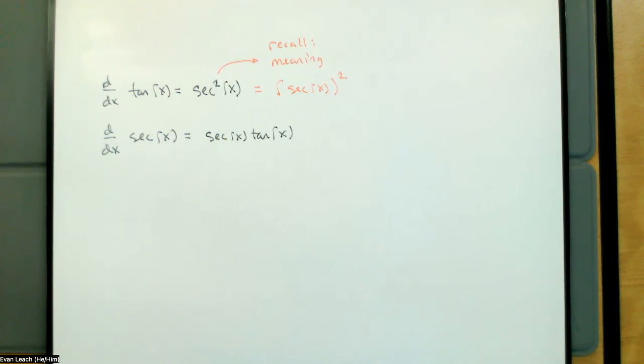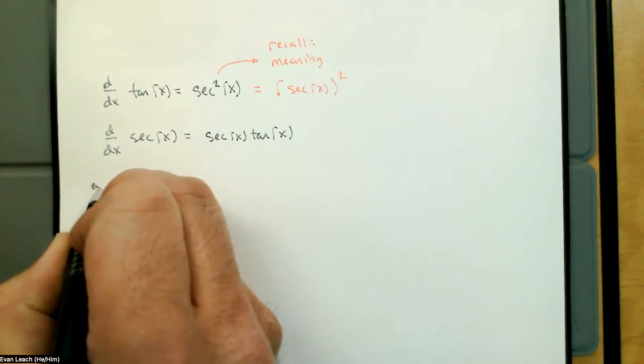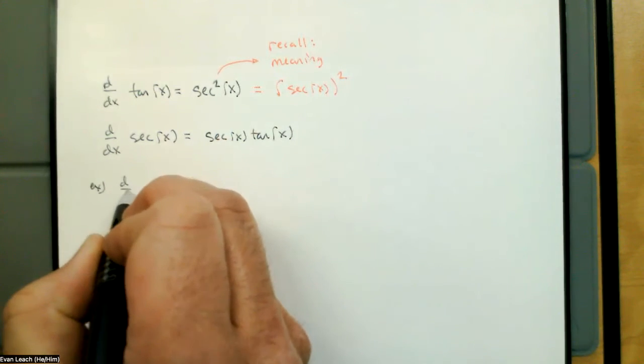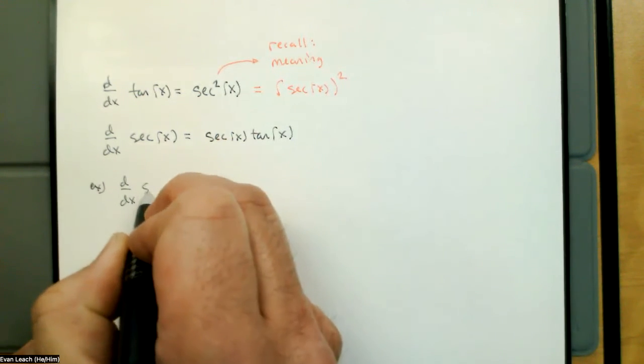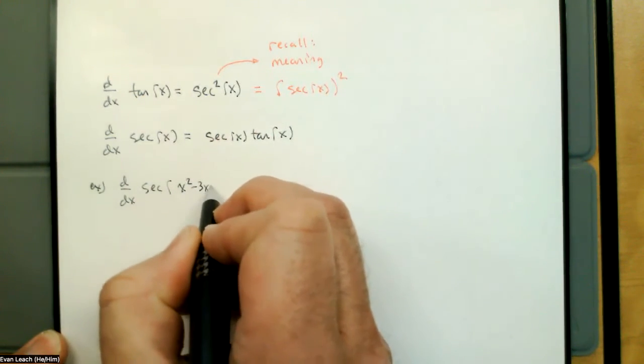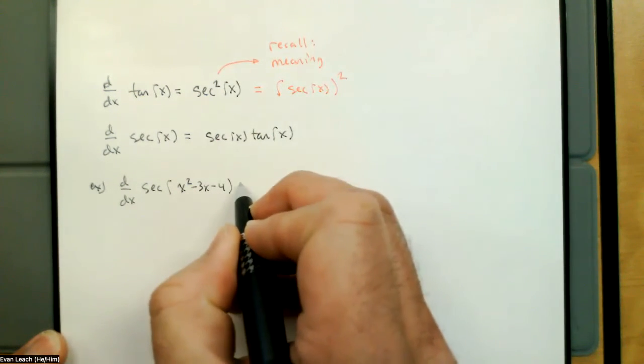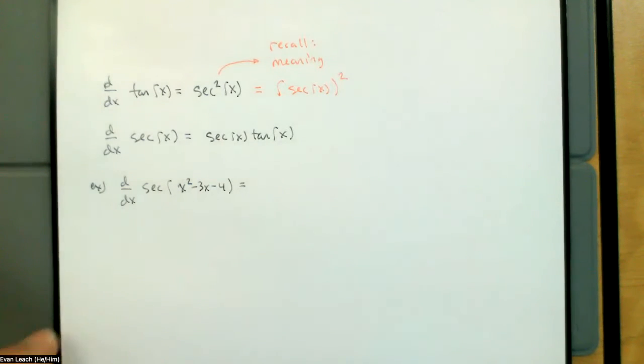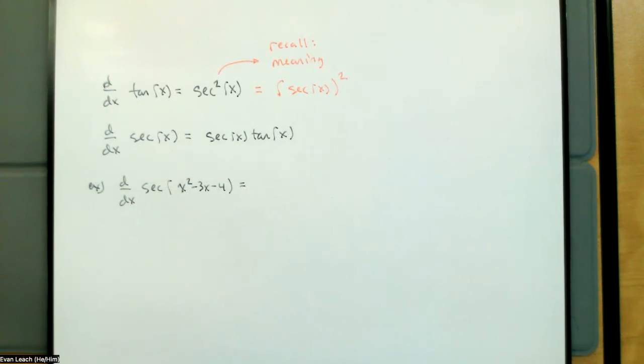So 2 more to remember. These ones look kind of weird, especially secant. So for example, if we had the derivative of the secant of x squared minus 3x minus 4, the derivative of secant of a thing is secant of that thing times tangent of that thing.